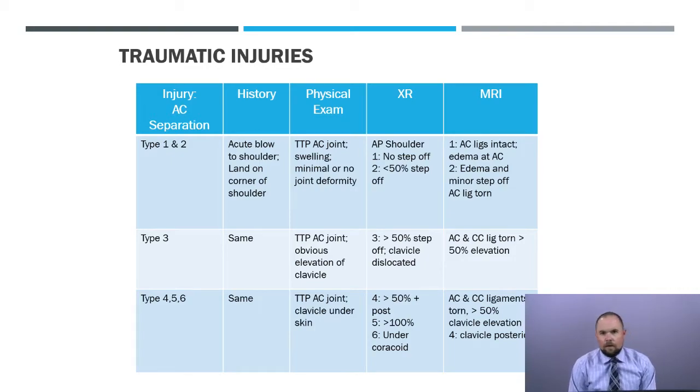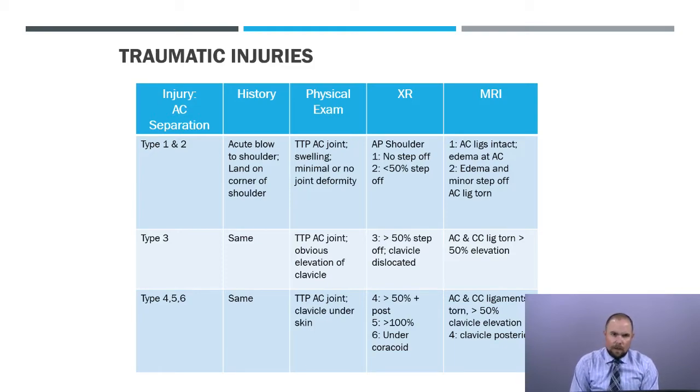This typically occurs after somebody has fallen onto the shoulder. You see it a lot in contact sports where somebody falls and lands on the shoulder. This can also be seen in patients that fall on an outstretched arm. They typically come in with localized pain over the shoulder, and also have some pain or swelling as you palpate over the acromioclavicular joint.